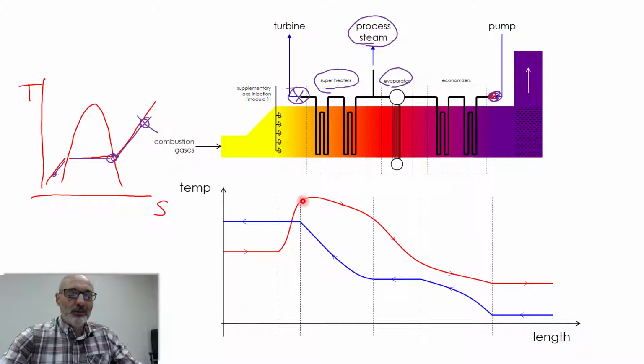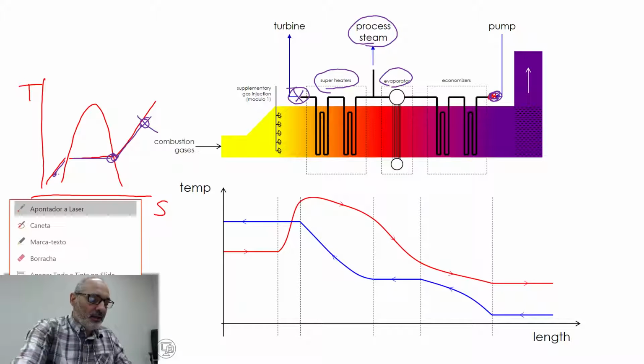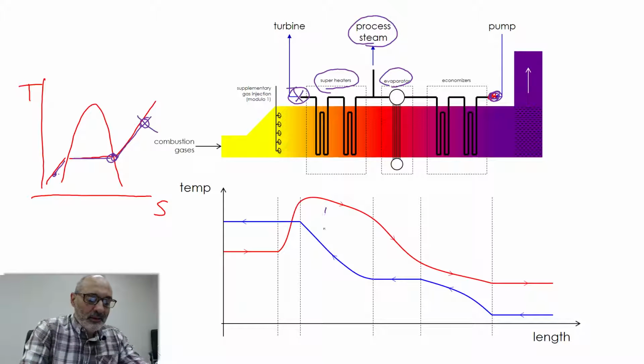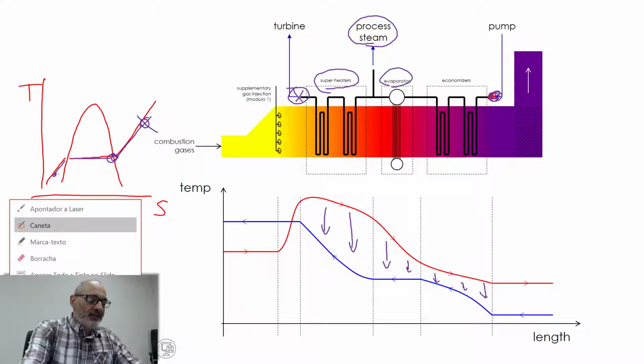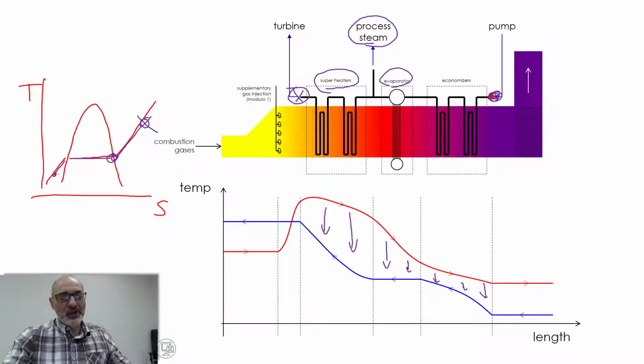You heat it up to, let's say, 500 degrees, and then it starts to drop because it is continuously releasing heat in order to increase the temperature of water. So that's how these regenerative boilers work.